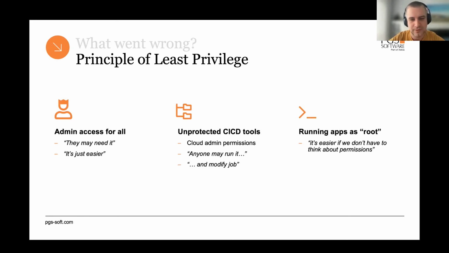You don't need to have admin access to your Jenkins or to your automation server. You don't need to be able to modify or even manually run these jobs. It's enough if you have access to repository. And these tools usually listen for changes in one of the branches, for example, the master branch.